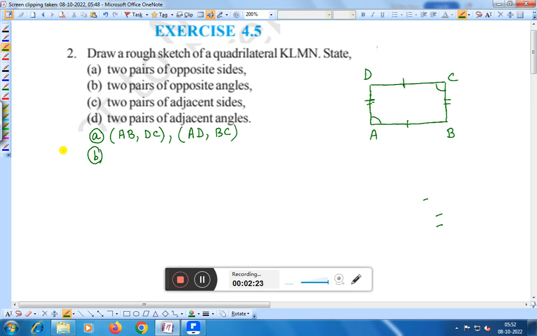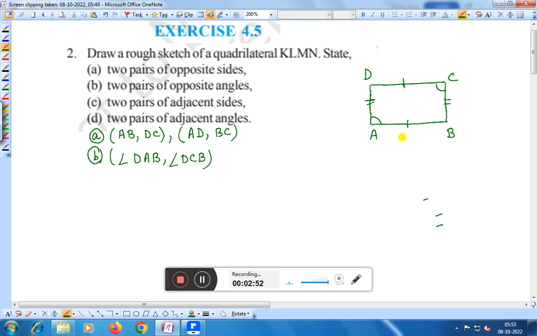Now we write angle A means angle DAB, and angle C means angle DCB, right? This is one pair of opposite angle.